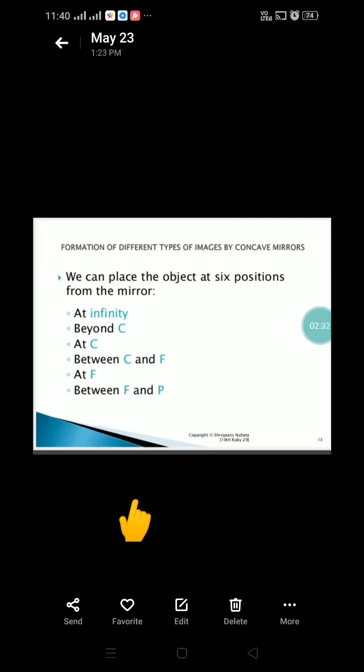Do you remember that from the last experiment? Okay. Likewise, depending upon the position of the object, the position of the image is also different.